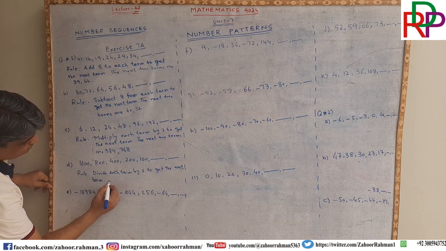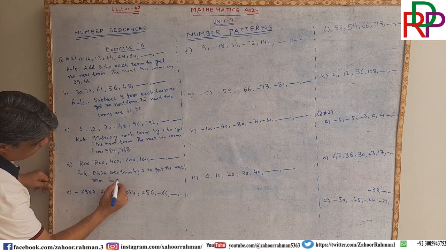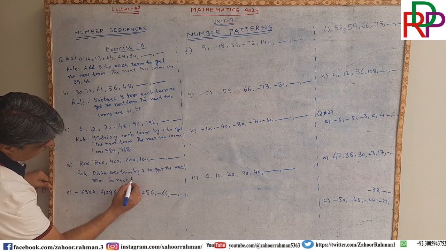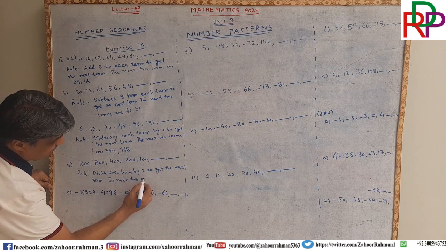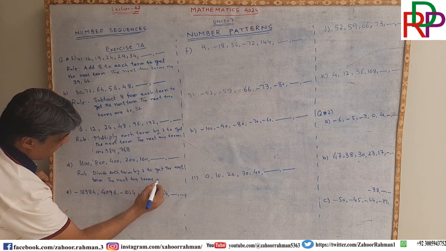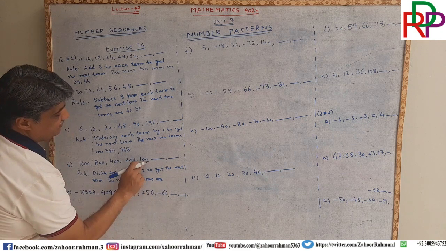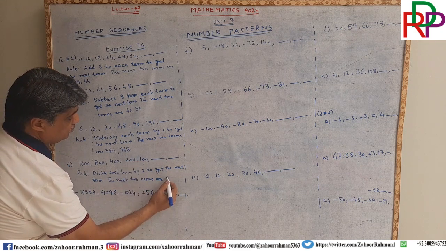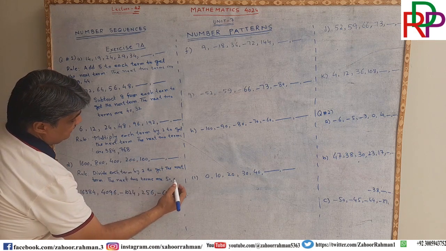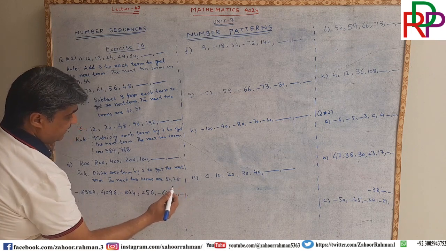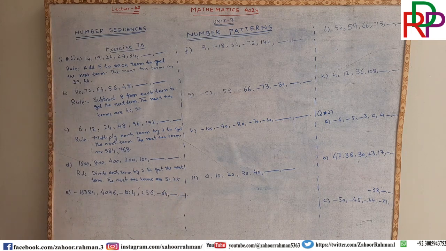By using this rule, the next two terms are: when we divide 100 by 2, we get 50, and when we divide 50 by 2, we get 25.